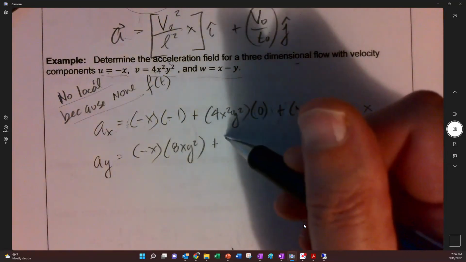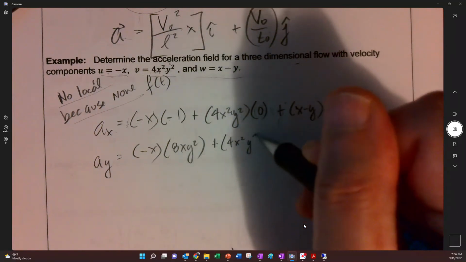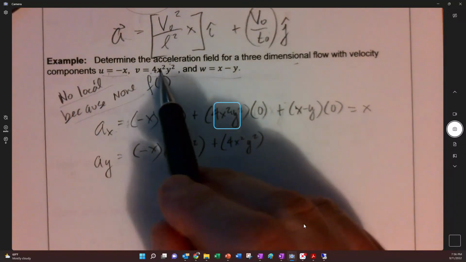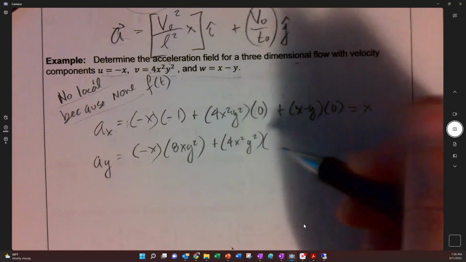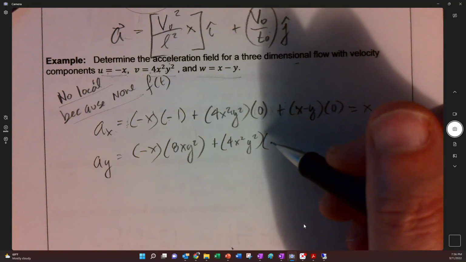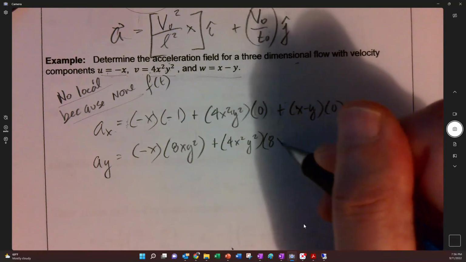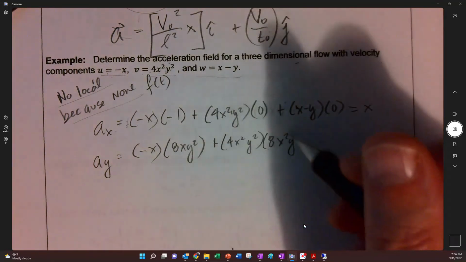Plus v, for x squared y squared, and that one's going to be times del v del y. Del v del y is going to be 8x squared y, right? Because we're taking the derivative of this right there.